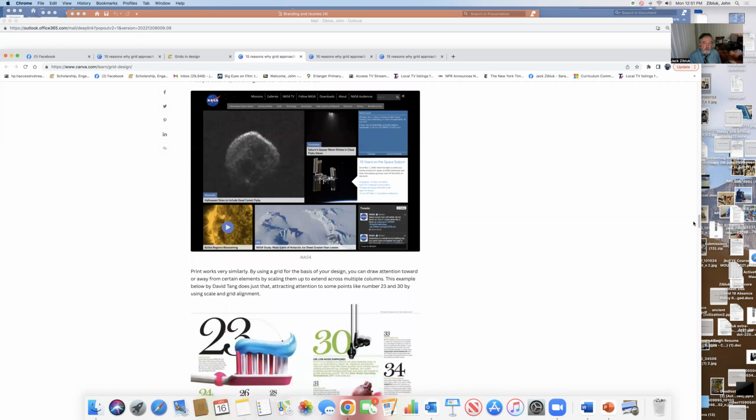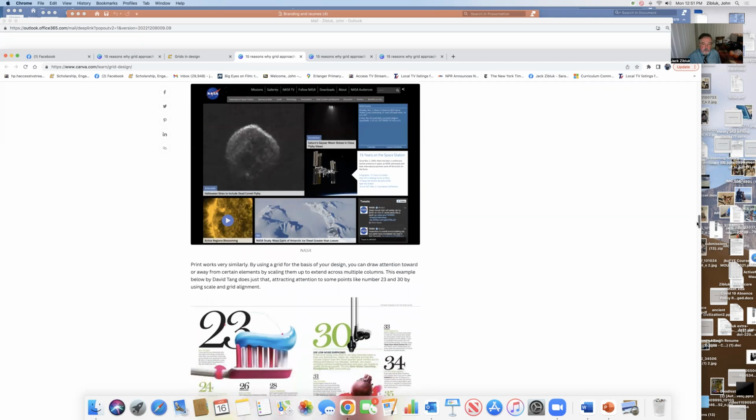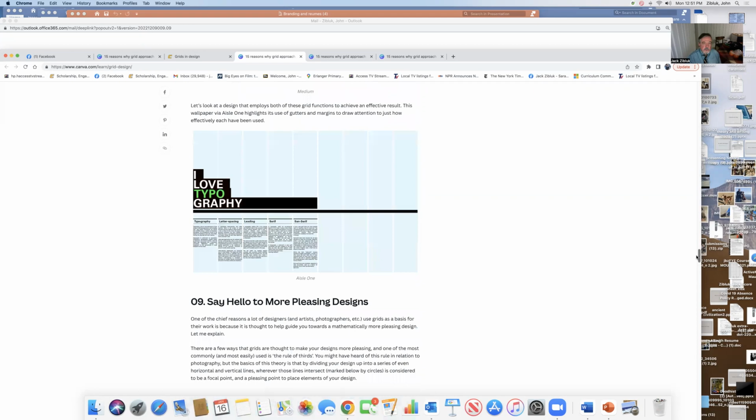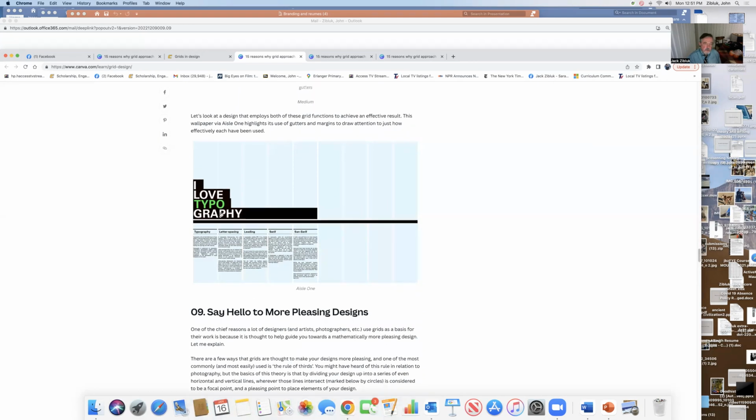Visual hierarchy helps you organize material. You start here and you read across. So, see? Straight across. 2 of the 5-column layout. It's 2 of the 5, 3 of the 5.